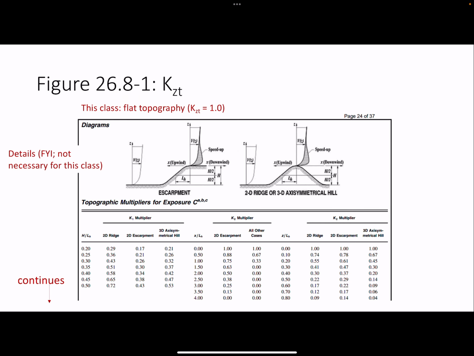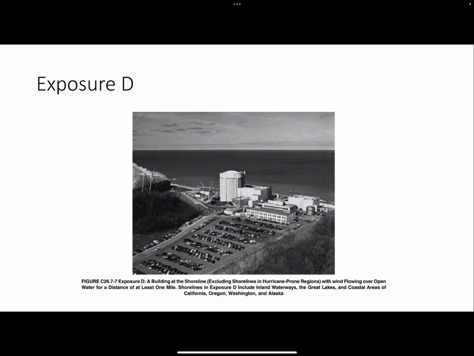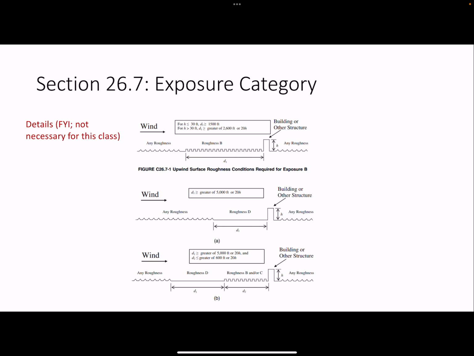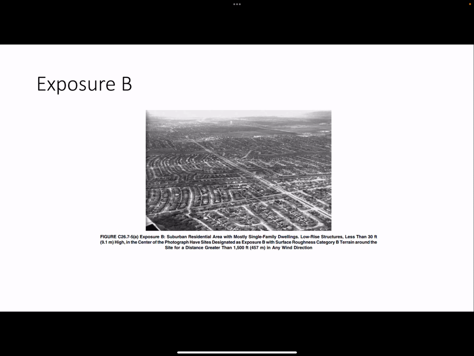All right, so I think this is where we left off, right? We were talking about exposure category. So I talked about how exposure B is related to suburban or now also urban areas, if you're not doing a wind tunnel test for an urban area.